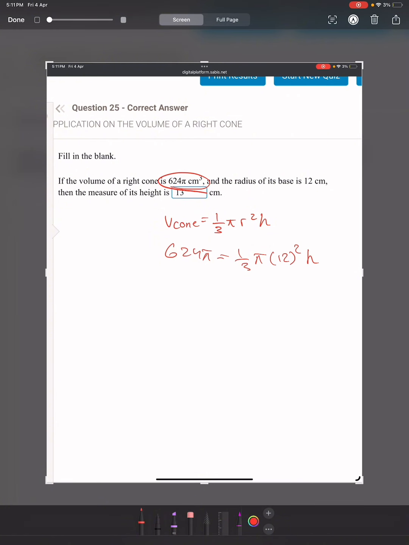We're trying to find the height. 1 over 3 times 12 squared, so times 144 is 48. It's going to be 48 pi h equals 624 pi. You can cross out this pi and this pi. 624 equals 48h. Move this to the other side. 624 divided by 48 is 13.